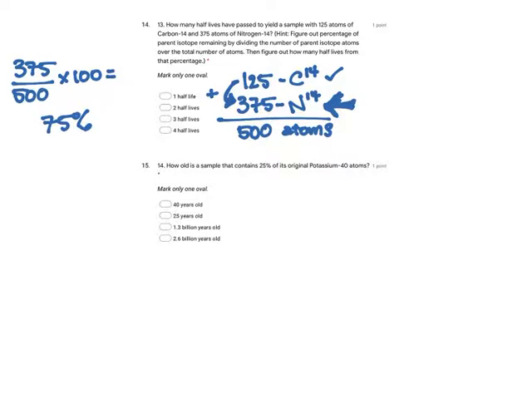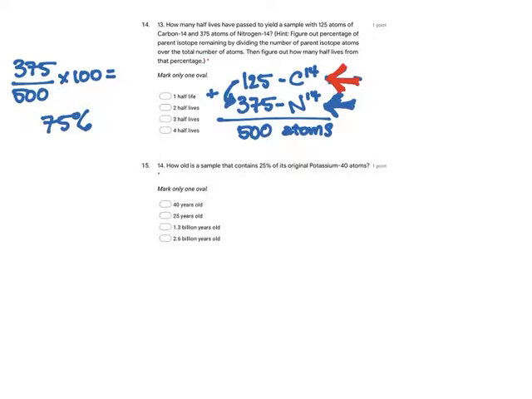So 75% of this has decayed, which means 25% remains. So you could alternatively do this a different way and take a look at the amount that remains, which might be more helpful if we're using the graph.